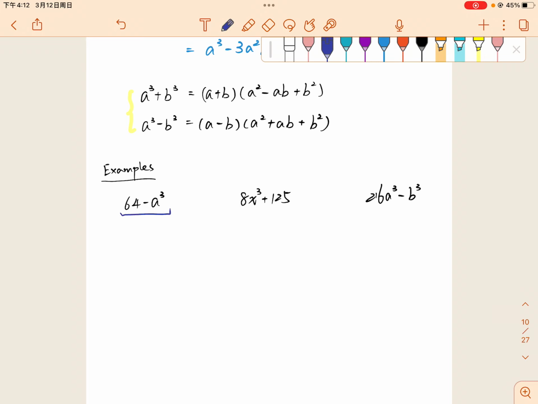Firstly, the question might give you 64 minus a to the power of 3, and ask you to factorize it.